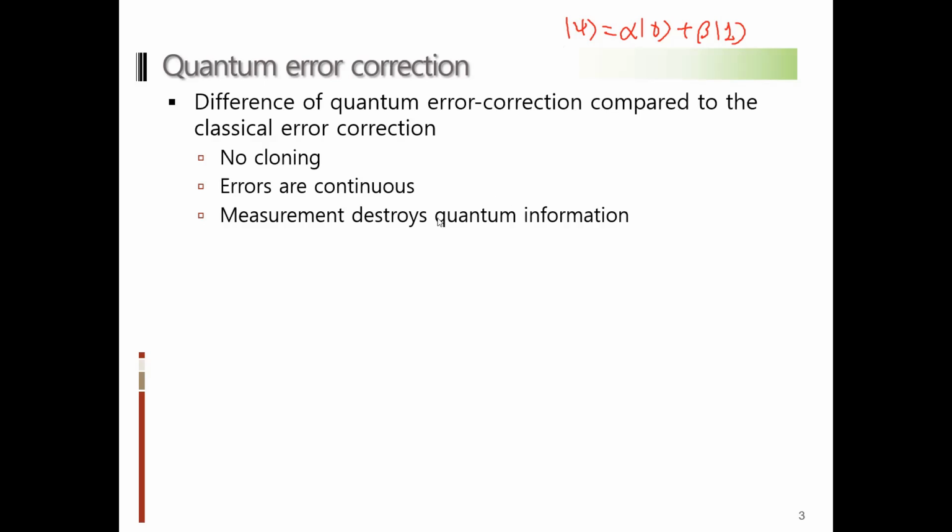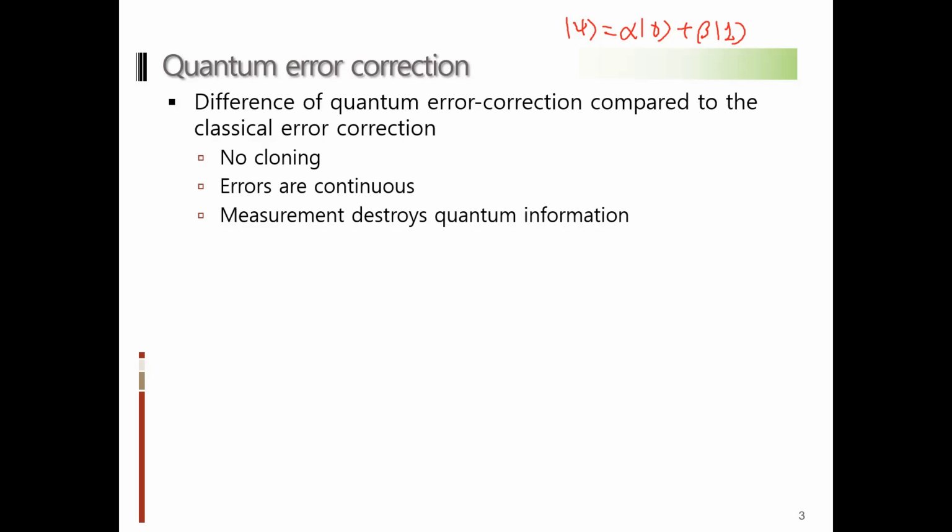And the last question you might have is this: in the classical communication case, to decide which one is the correct information, we actually had to measure the bits to make something like a majority vote.